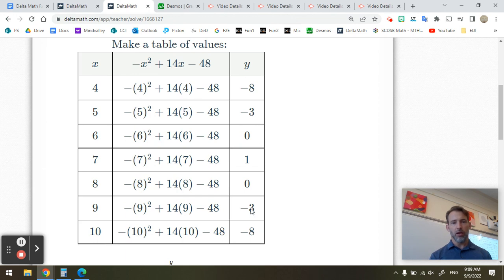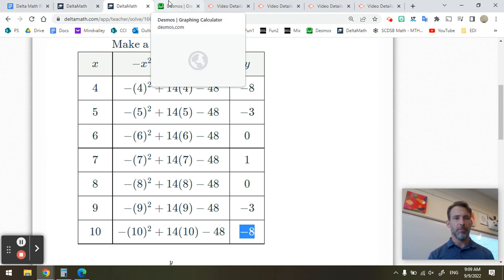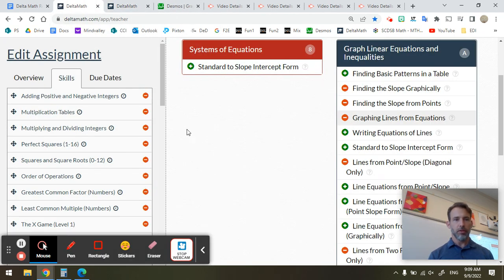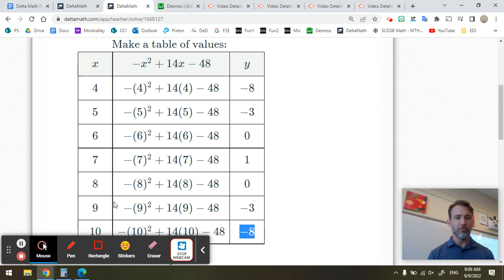Notice the symmetry around the vertex allows you to, once you found that vertex, or you found 2 points that are symmetrical around it, 8 and 6 in this case, map these y values down to the corresponding x values based on the symmetry of the parabola. So that is how we can visualize and work with parabolas that are in standard form without converting them to factored or vertex form.